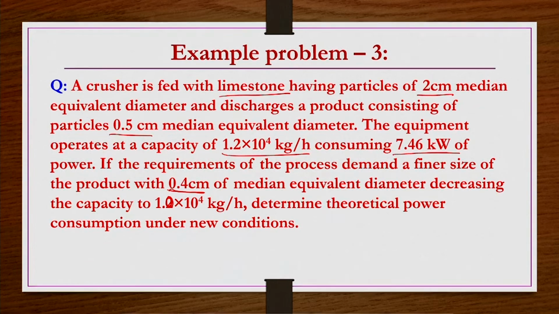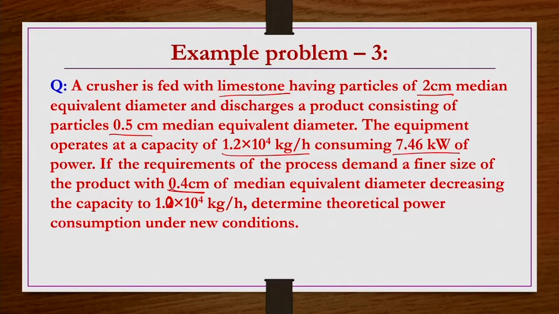How much power would be required? Now in the second case, the product size is reduced as well as the capacity. By changing these operating conditions, the product size and the mass flow rate, is the power requirement going to change or remain the same? That is what we are going to calculate.